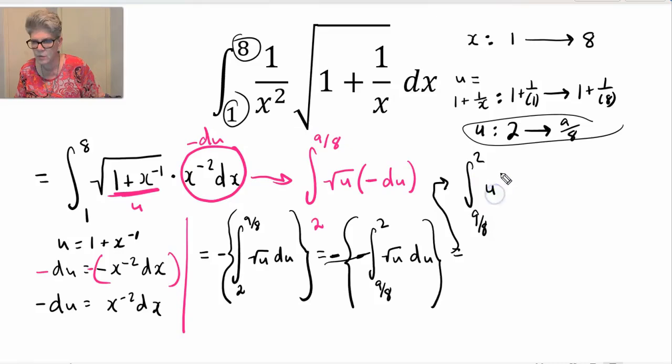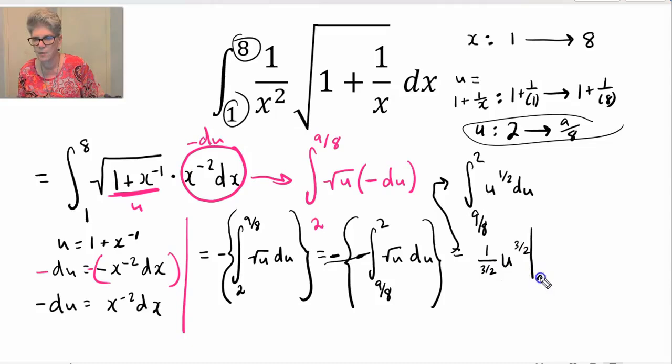Now I'm going to rewrite the square root as the 1/2 power because I'm going to use the power rule. Okay, so using the power rule, this will become u to the original exponent plus 1, 1/2 plus 1, which is 3/2. And then out in front you have multiplied the fraction 1 over the original power plus 1, so 1 over 3/2.